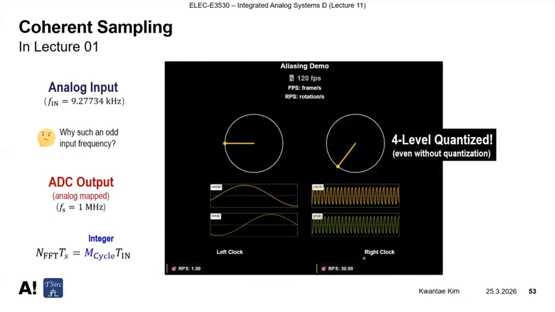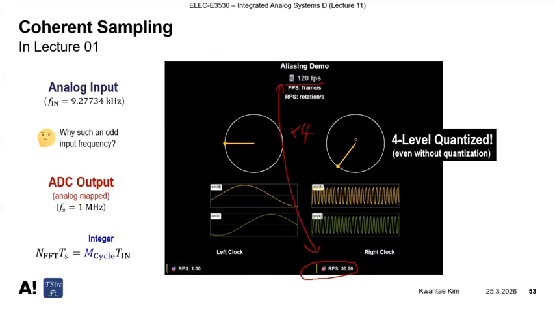Another is this. As we have seen in lecture 1, we played the aliasing demo by changing the rotation per second and the frames per second by a certain amount, right? Then you found out that when we align the frames per second and rotation per second as an integer relationship, for example, times 4, then of course just one moment is captured here because I just took a screenshot.